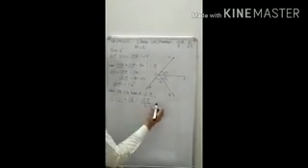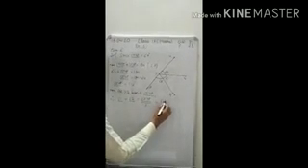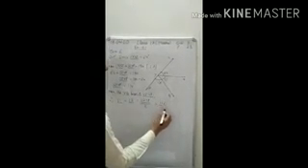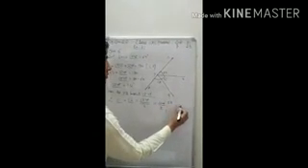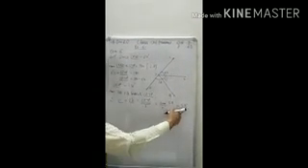ZYP is 116 degrees by 2, which is 58 degrees. Means angle 1 is also 58 degrees and angle 2 is also 58 degrees.